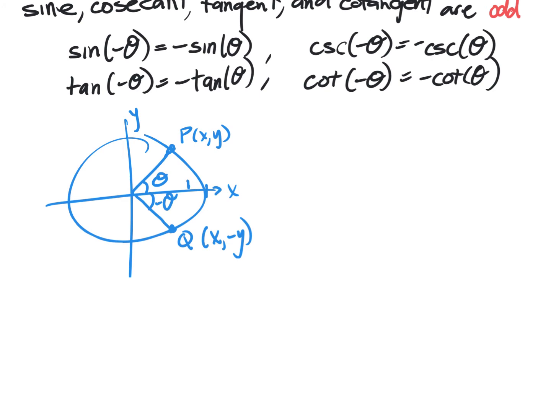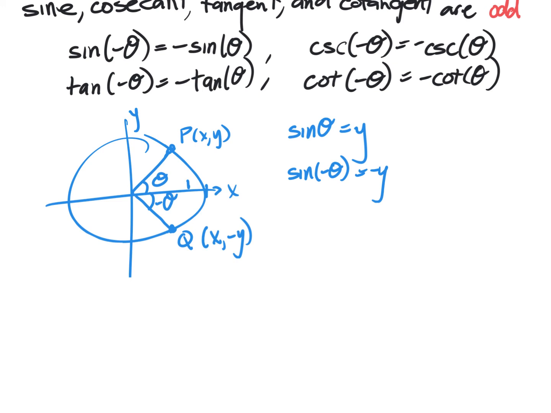By the definition of our trig functions on a unit circle, we have that sine of theta is the y value, so it's just y. And we have that sine of negative theta, so we're going down here for this angle, is also the y value, which is, in this case, negative y.